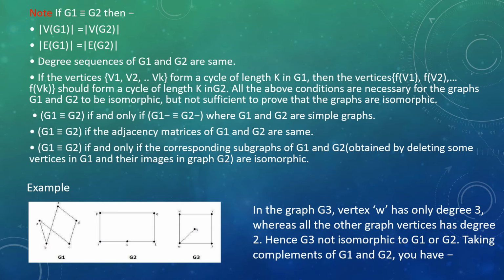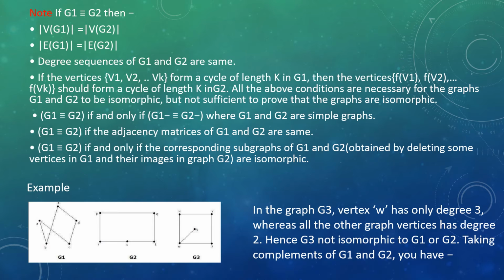G1 is similar to G2 if and only if the complement of G1 is similar to the complement of G2, where G1 and G2 are simple graphs. G1 is similar to G2 if the adjacency matrices of G1 and G2 are same.